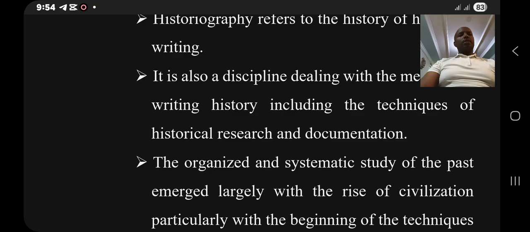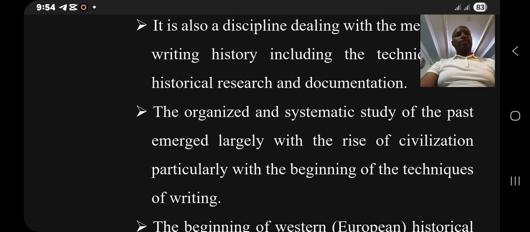Why? Because after people started the writing system, they were able to document their history. So the systematic and organized study of history started after the beginning of the writing technique.